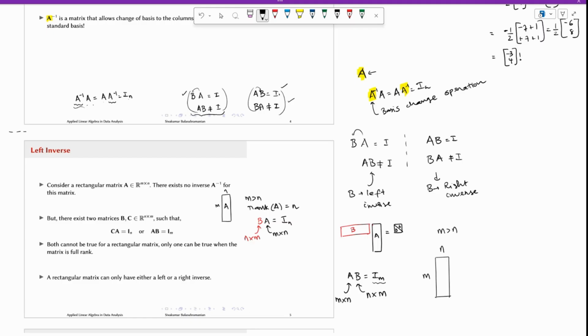How many elements do the columns have? N or M? This is M, right? There are M rows. That means there are M numbers in each column. That means the columns are from R^M.